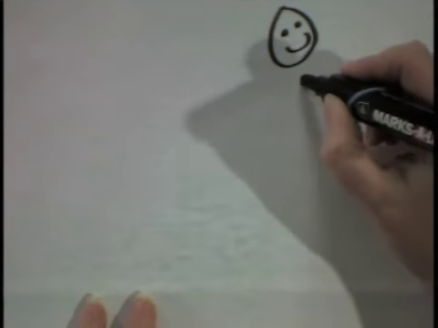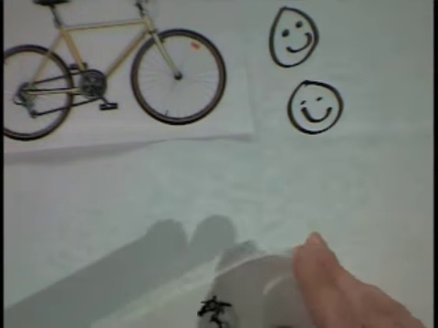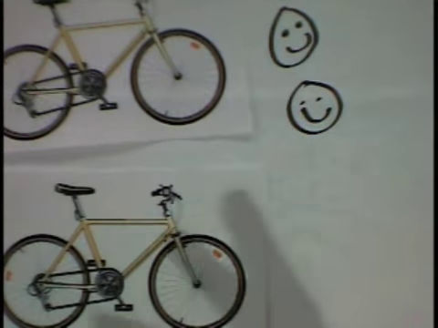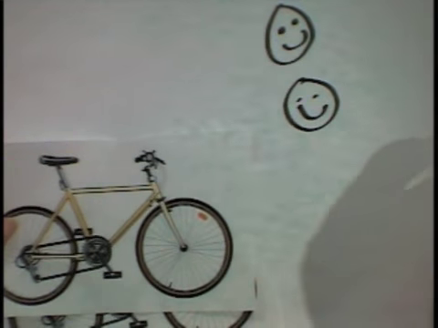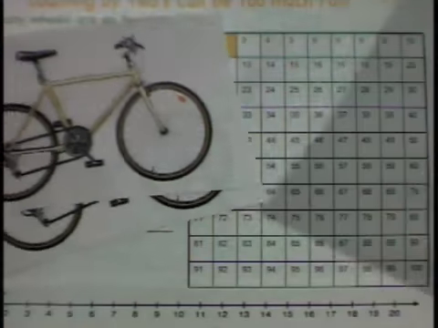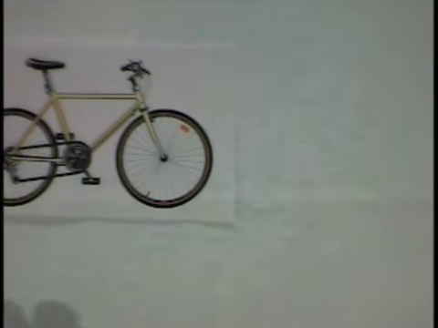They might mention things like the number of eyes on a smiley face, or the number of ears, or the number of legs, or the number of wheels on a bicycle. Okay? So we're going to use the bicycle as an example, although we could be using a lot of different things.